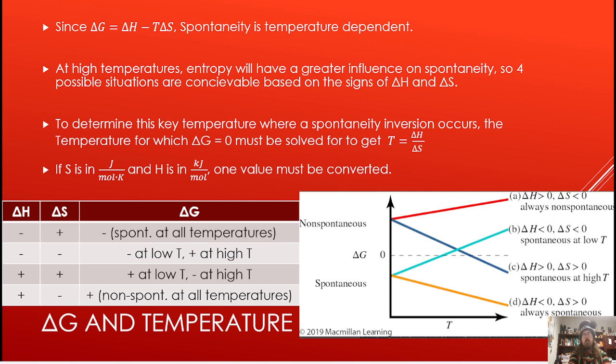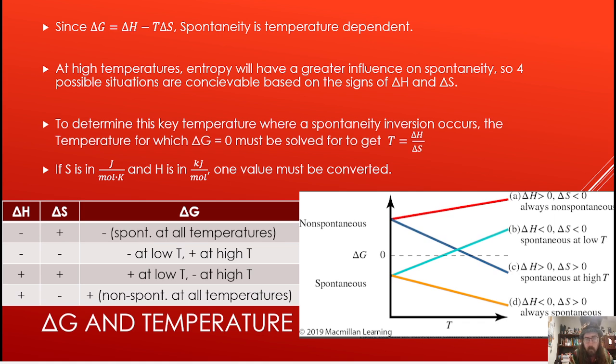You have to convert one, or you're going to get a T that is really, really small. Remember, when temperature is really, really small, you're saying it's almost absolute 0. So either the enthalpy needs to be multiplied by 1,000, or the entropy needs to be divided by 1,000 to make this work. But you can figure out at what point that would occur.